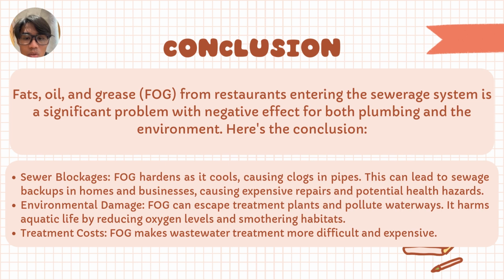It harms aquatic life by reducing oxygen levels and smothering habitats. Lastly, treatment costs. FOG makes wastewater treatment more difficult and expensive. Therefore, proper FOG management by restaurants through grease traps and responsible disposal of used cooking oil is crucial to protect our infrastructure and environment.